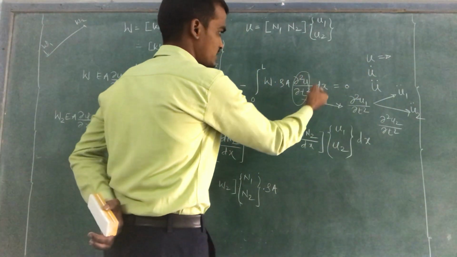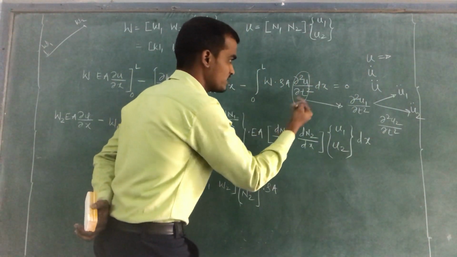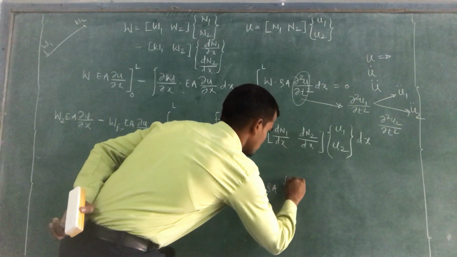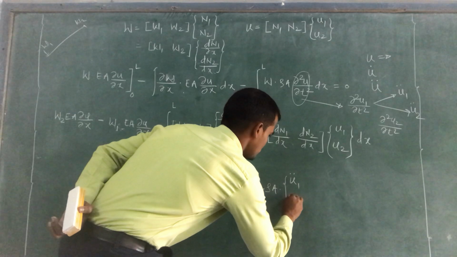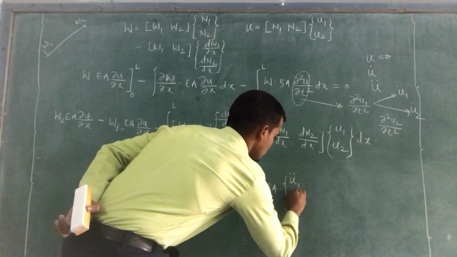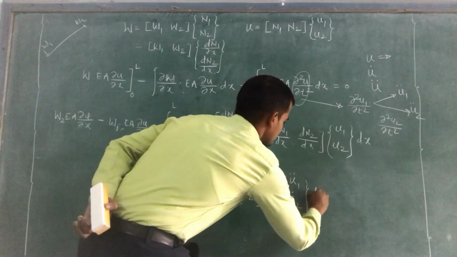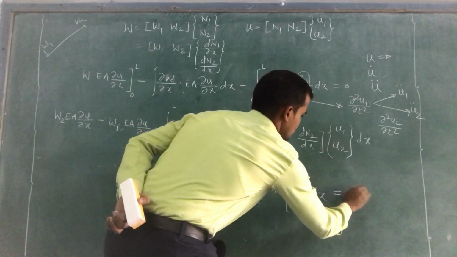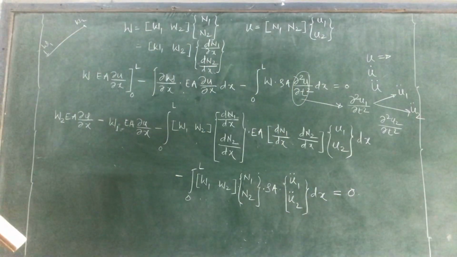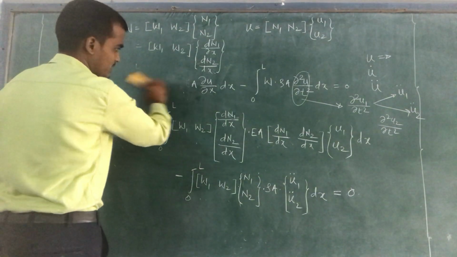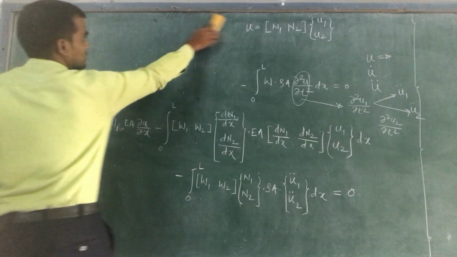So instead of ∂²u1/∂t², we can write rho A into u1 double dot, u2 double dot into dx is equal to 0. In this way we have simplified this equation.